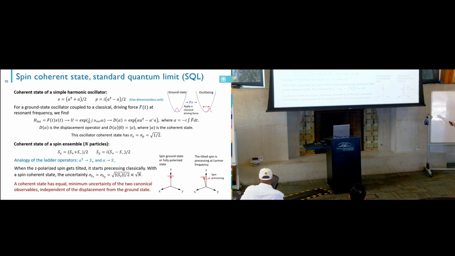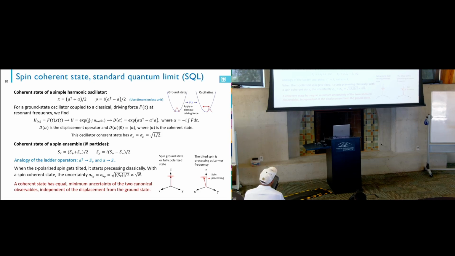Conventionally, we know this is a quadratic potential or parabolic curve. The ground state is like that. It's not moving anywhere. We get that distribution in the phase plane, in the phase space, and this is like a Gaussian distribution.